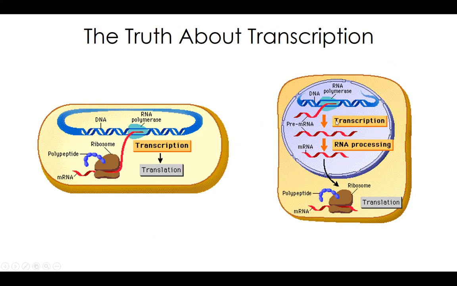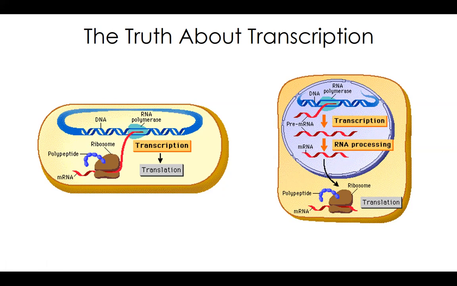So that means with transcription happening in the nucleus, we have a chance to process RNA, which isn't available to our prokaryotic friends. After we exit the nucleus, we can undergo translation. So all of those things that you've learned are true. Making an RNA copy of our DNA is true, but it's a little more complicated than your textbooks have probably made it out to be to begin with.